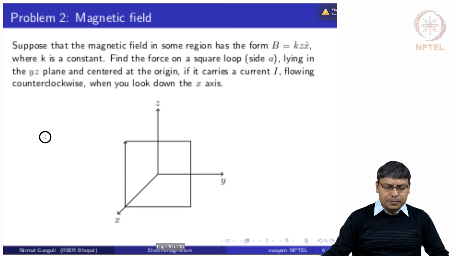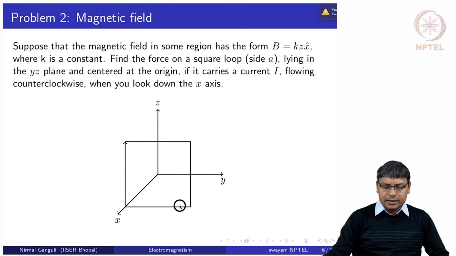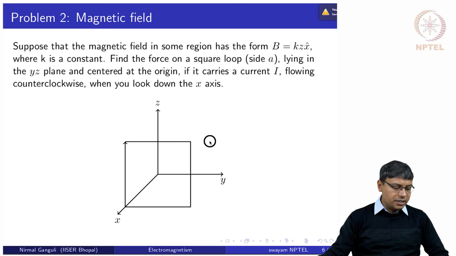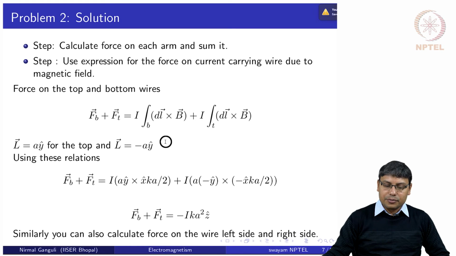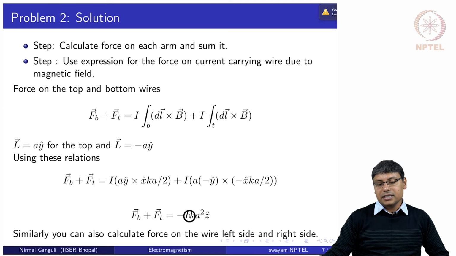If you look at this picture here, then in the bottom arm the line element would be along the negative z direction and in the top arm it would be along the positive z direction. Considering that, please perform the integral and you will get the force Fb plus Ft equals minus I k a squared z cap.